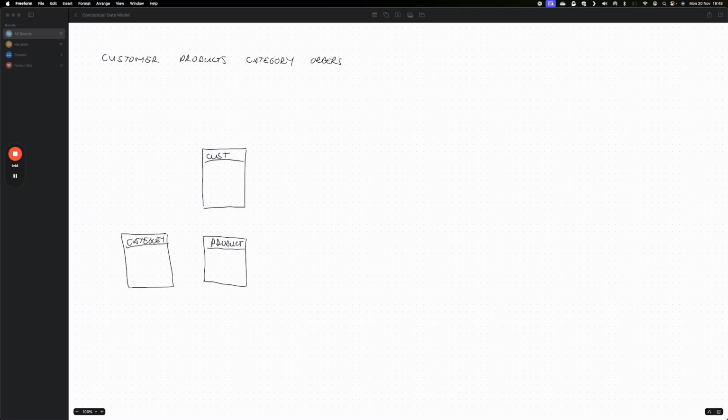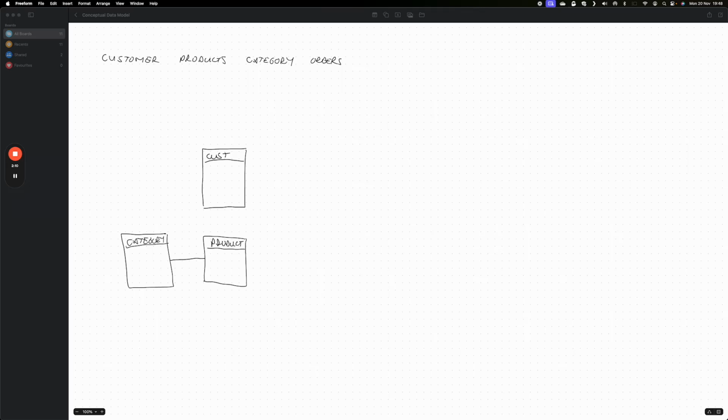Now, if we think about the way that products and categories exist on the Amazon store, we might have a category called electronics, and within that you've got all your laptops, your hi-fi components, your Ring doorbells, all of those sorts of things. So that means there is a relationship between category and product. So I'm going to just draw a line between those two.